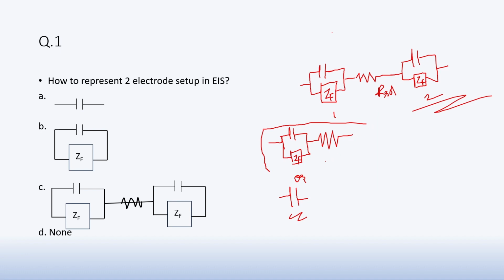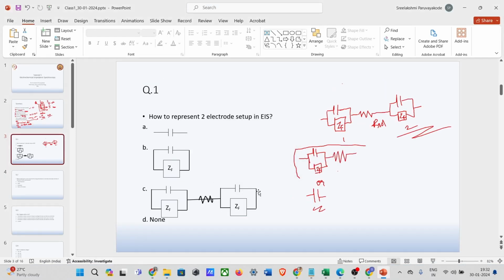So this is how you represent the EIS of the system. I hope this is clear to everyone. If anyone has a doubt, you can please interrupt me, or else I'll move on to the next question.